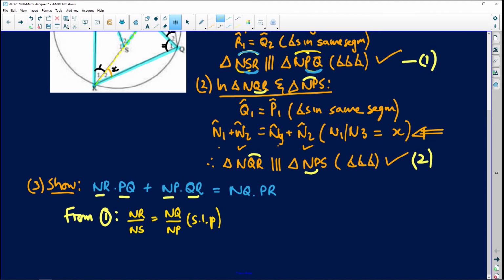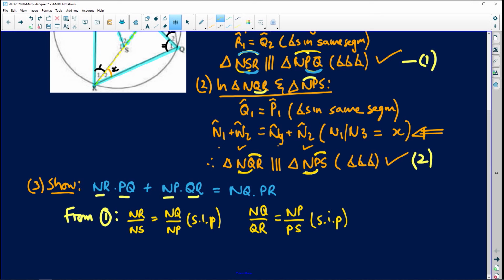I can also go to my second one, and I can say that NQ, the first one, over the last two is equal to the first two over the last two. So the first two is NQ over QR is equal to NP over PS. And again, the sides are in proportion.